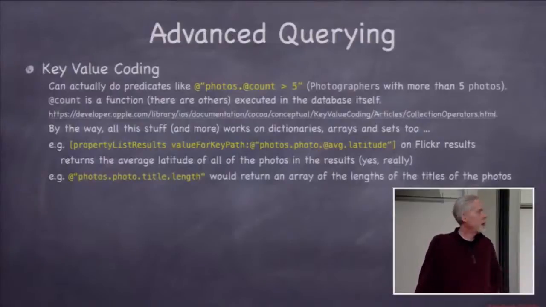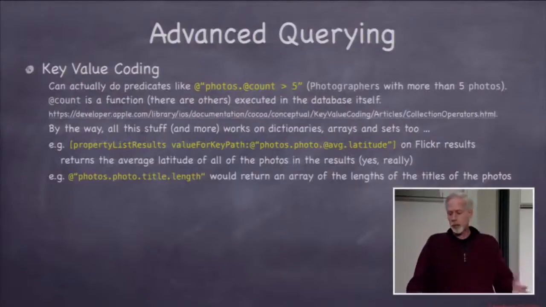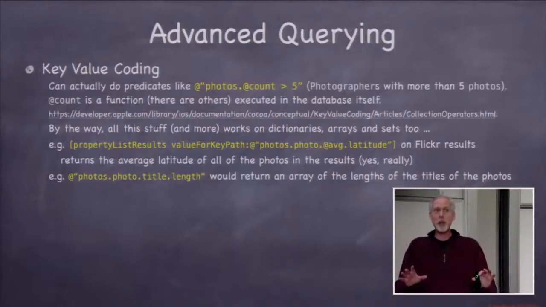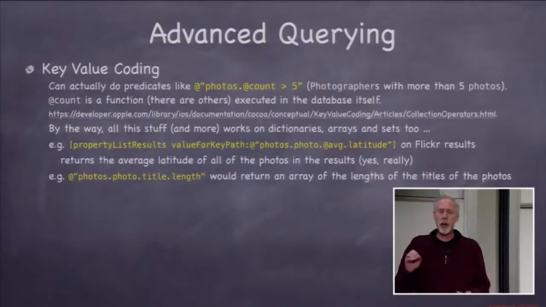Advanced querying, for time reasons, I'm going to skip this, but key value coding, which is the thing that lets you use dot notation to search down inside of a dictionary, right? It's the value for key path business. You can kind of do value for key path in the database. And there is a really cool thing in key value coding, which is functions.